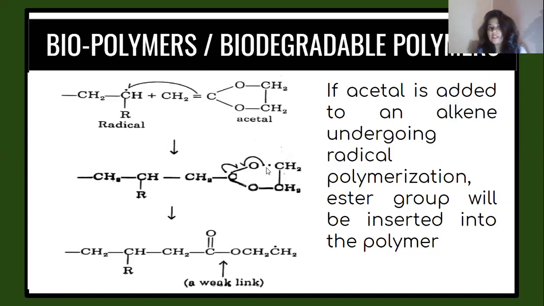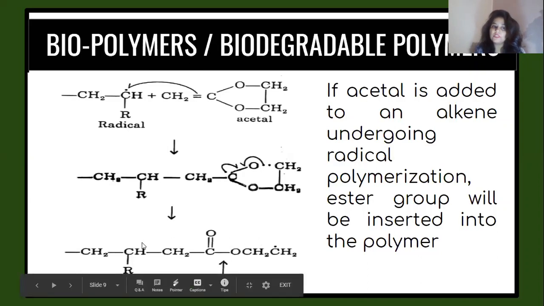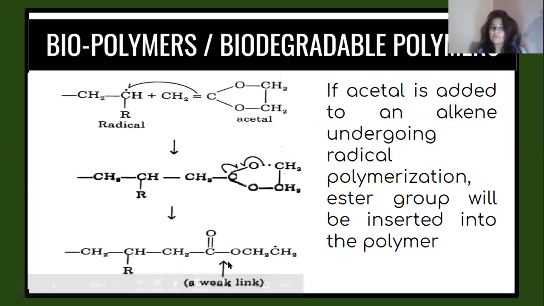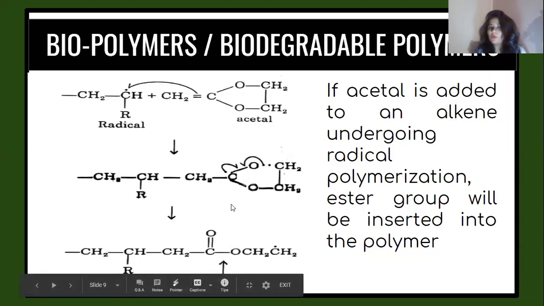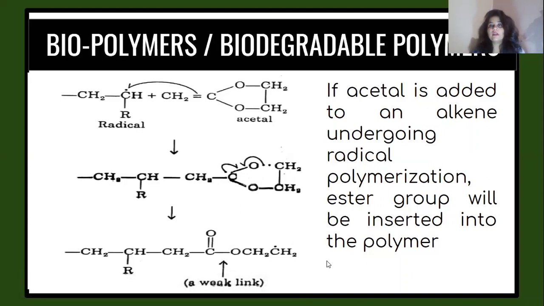Now you can see here that the bond which was present between an oxygen and the adjoining carbon is broken, and that is then released in the free radical form. So this reaction can further be written as CH2, CHR, CH2, C=O, then OCH2, OCH2, CH2 with a free radical present. The simplest thing we can see is that we have added an acetal group to an alkene, and they are already undergoing a radical polymerization.